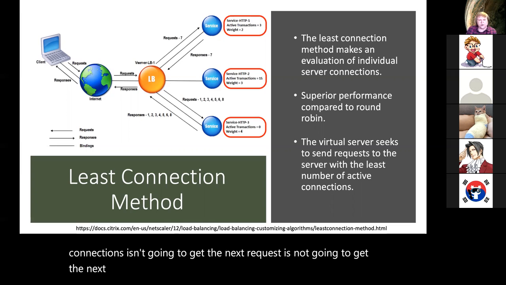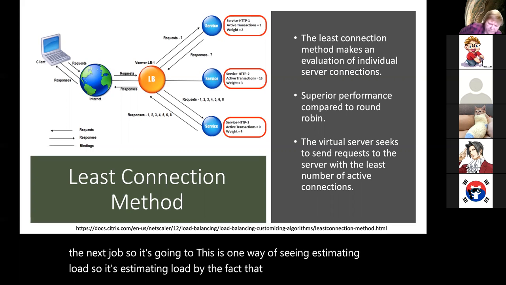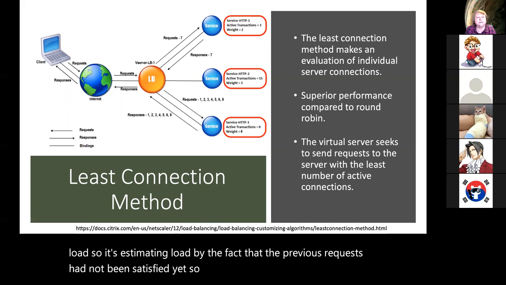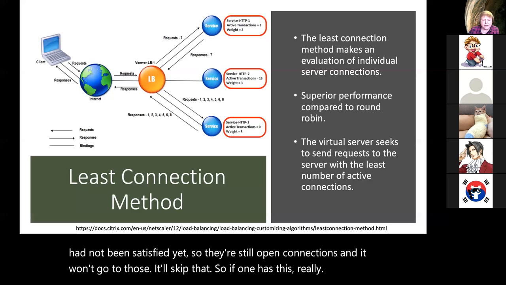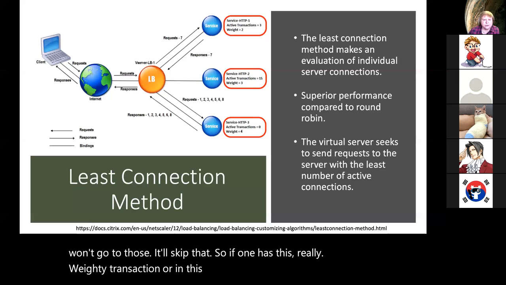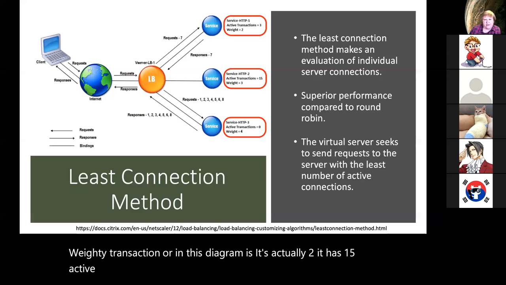This is one way of estimating load. It's estimating load by the fact that the previous requests had not been satisfied yet, so there are still open connections, and it won't go to those. It'll skip that. So if one has this really weighty transaction, or in this diagram, it's actually number 2, it has 15 active transactions, you're not going to give it anything more because it's just got too much going on.